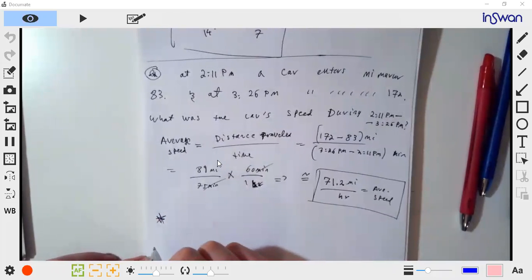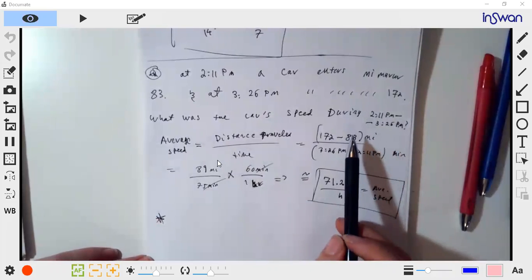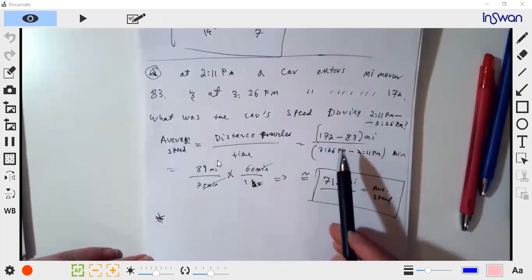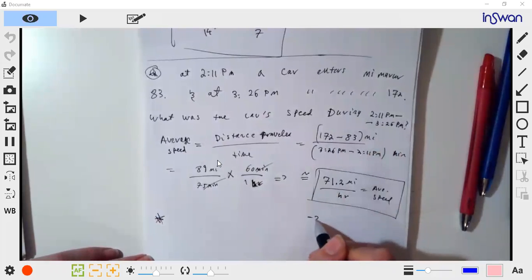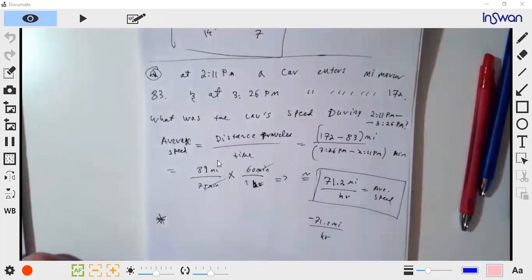I will make a note that if this has a positive sign on it, notice if we switch these, it would have a negative sign on it. That's due to the fact that when you get calculations that involve speed and you don't specify direction, then the positive can be thought of as one direction, and the minus can be thought of as the opposite of the direction you picked.